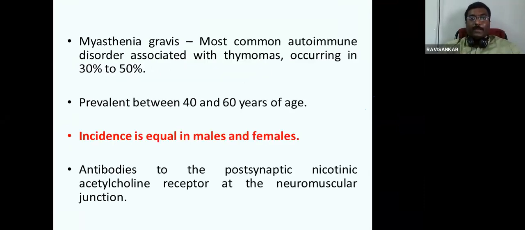Okay. Remember, myasthenia gravis is the most common autoimmune disorder associated with the thymoma, occurring in 30 to 50% of the patients. The incidence of myasthenia gravis is equal in males and females. We should not get an illusion because autoimmune disorder, we tend to think that it occurs more commonly in females. No.